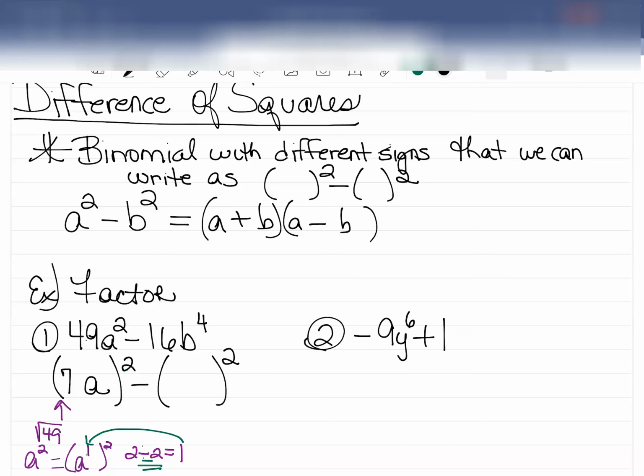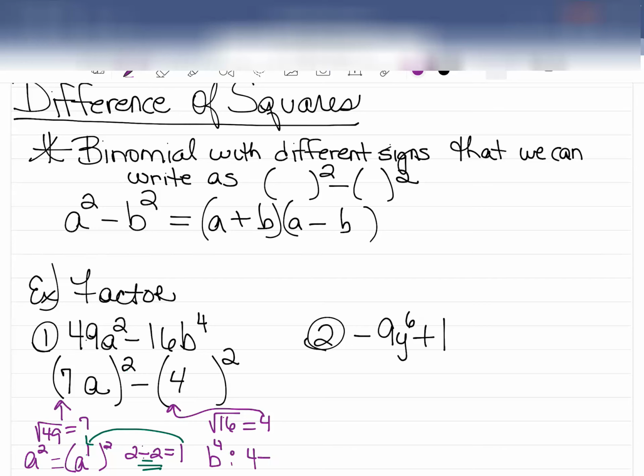Now I'm going to take a look at the back one. 16, that's a plain number. So I'm going to take the square root of 16 to figure out that that's a 4. Then for that b to the fourth, 4 is an exponent.